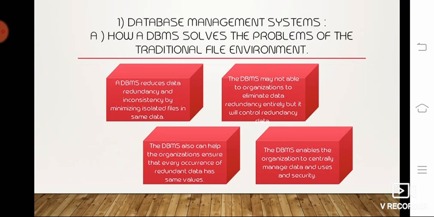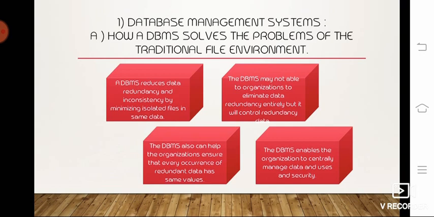Next, point A: how a DBMS solves the problems of the traditional file environment. First, a DBMS reduces data redundancy and inconsistency by minimizing isolated files with the same data.